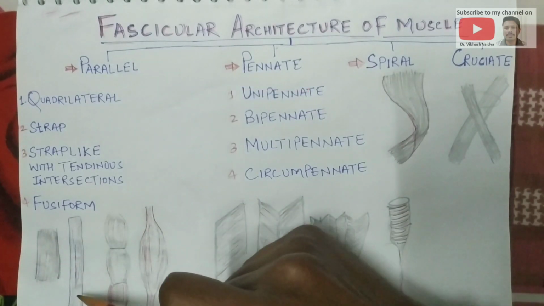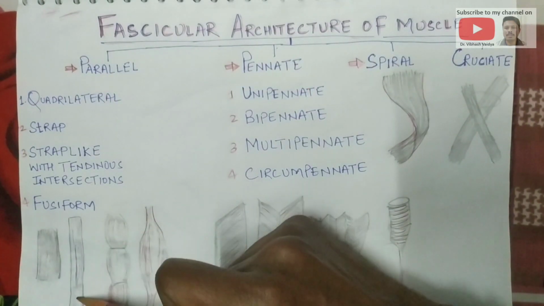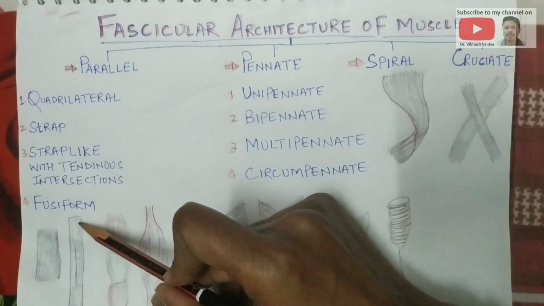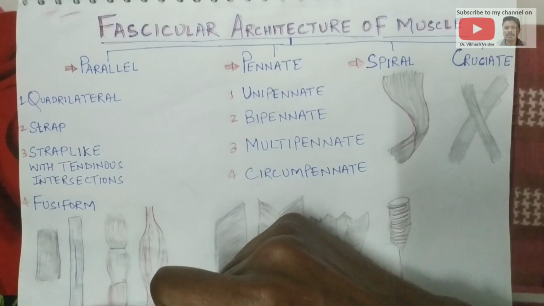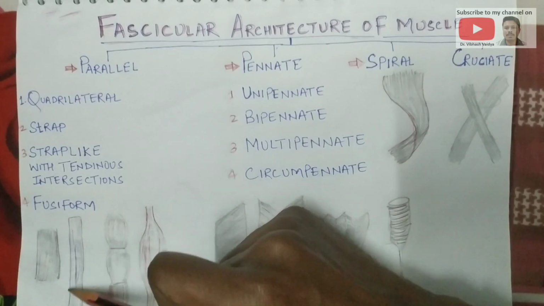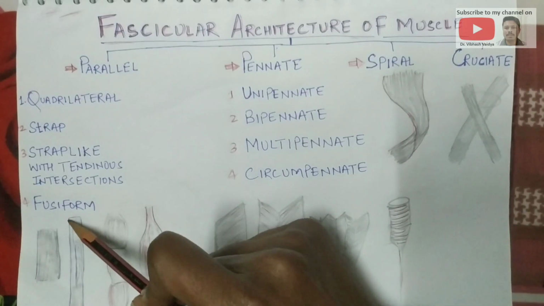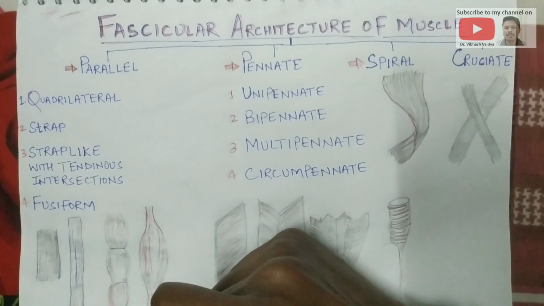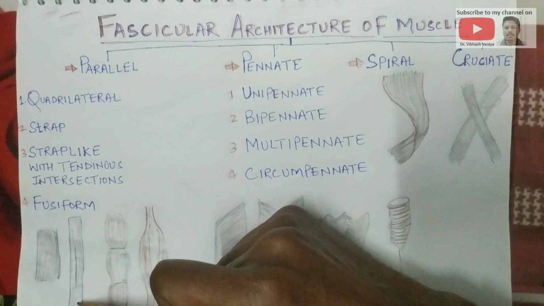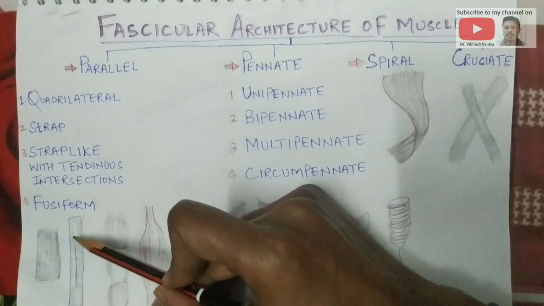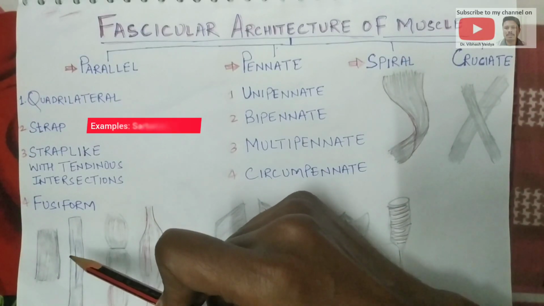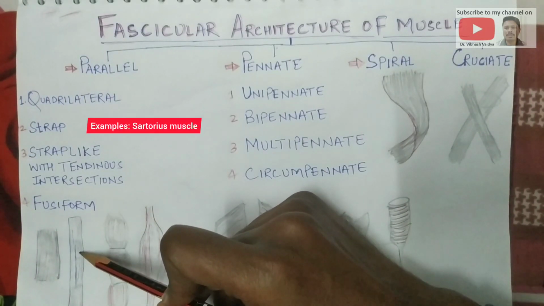Then the second is the strap muscles. Here you can see it is strap-like, and in the strap muscles the length of the muscle fibers is more and the width is less. You can appreciate here that the length is more and the fibers run parallel to each other toward the line of force. An example of a strap muscle is the sartorius.